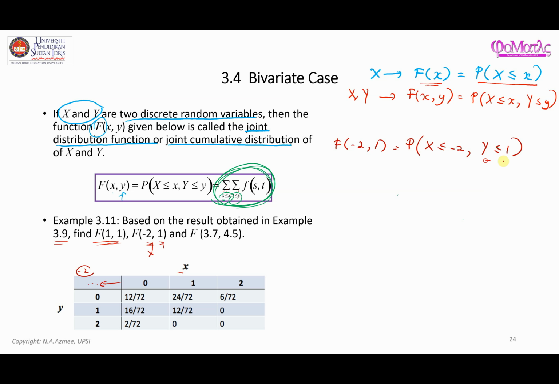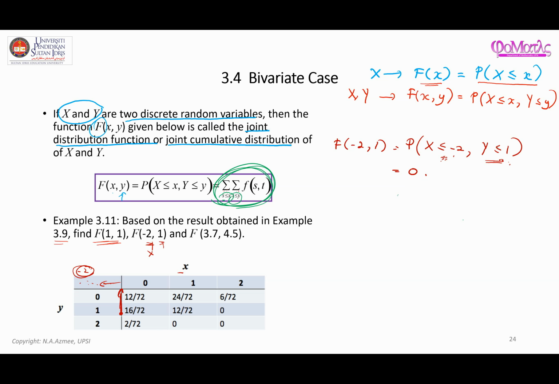We have values of y from 1 and less than that in this direction, but then -2 is outside the range already, so there is no combination possible for these two random variables to happen together. Therefore we can just say the answer is 0, because it is outside the range.